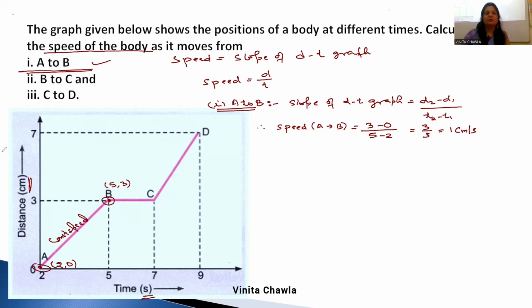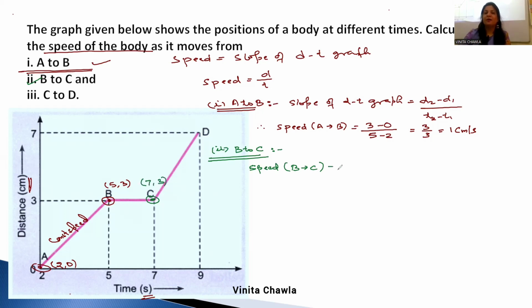Now let's take the second part, B to C. From B to C, again, we can find the speed of the object. What are the coordinates of point C? 7, 3.